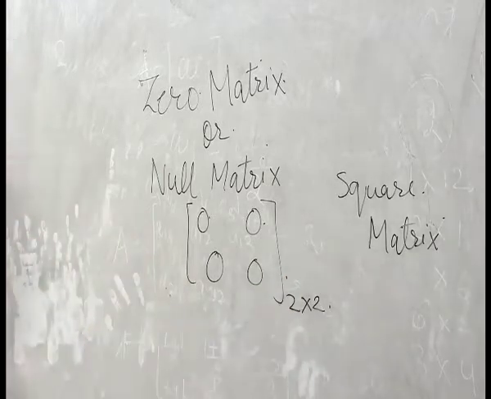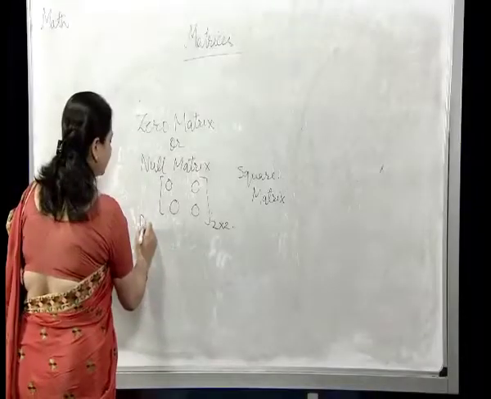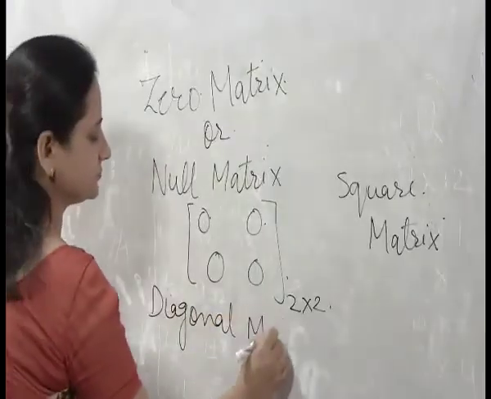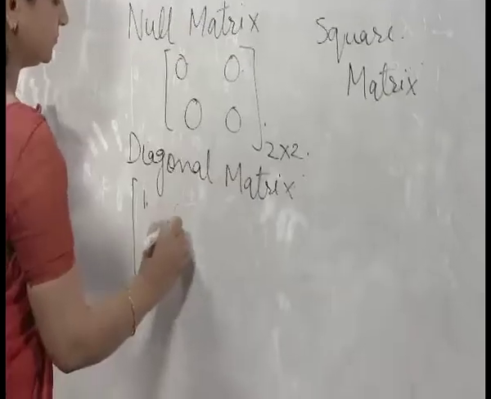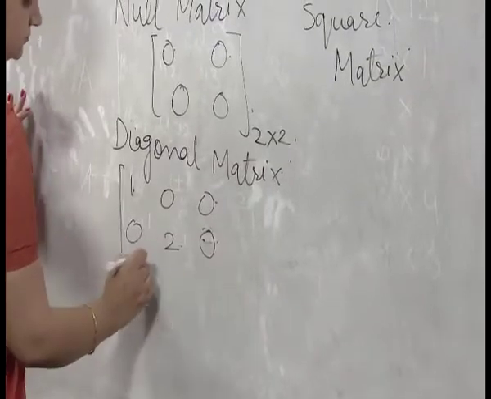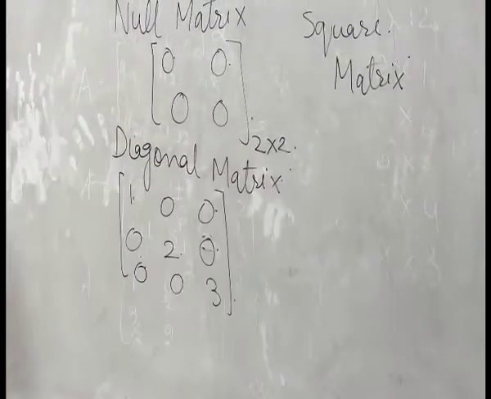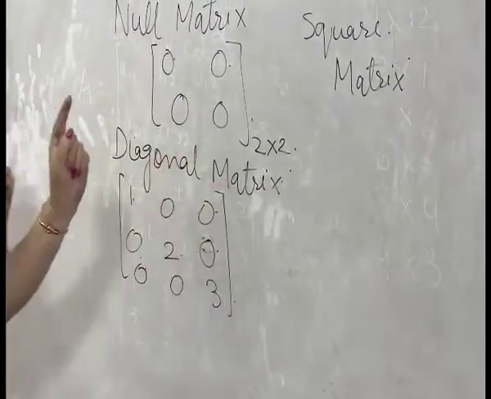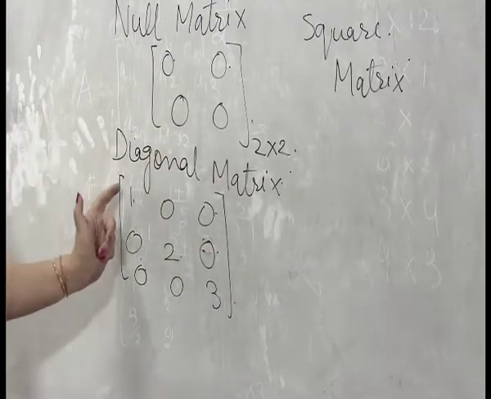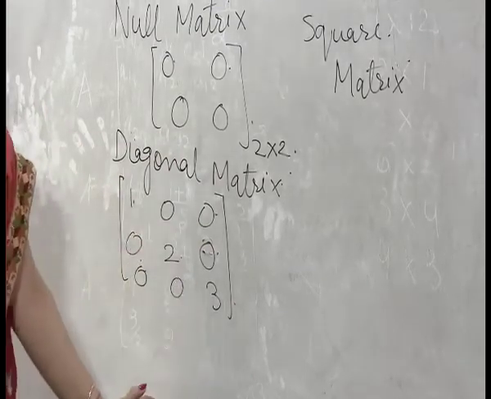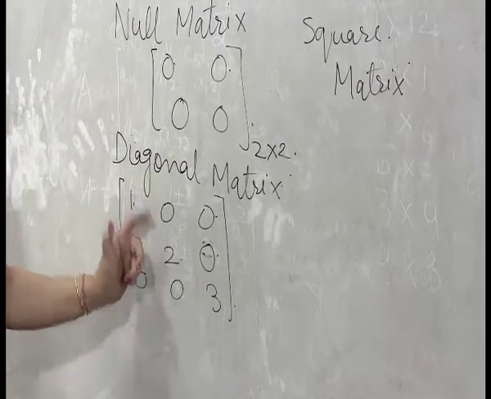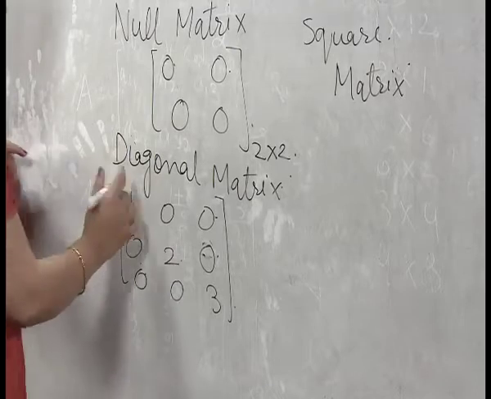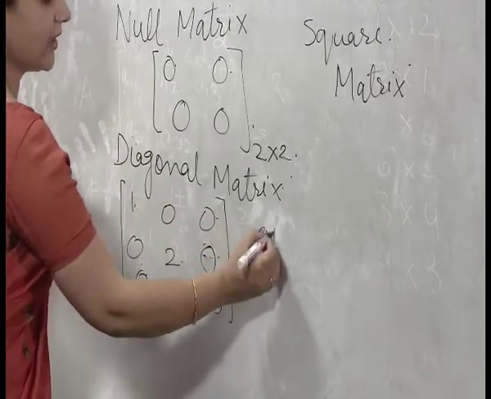Now, after zero matrix, you have the diagonal matrix. I will write a matrix. Diagonal matrix. First thing is, what is the diagonal of a matrix? The diagonal of a matrix consists of the elements of the form Aii.